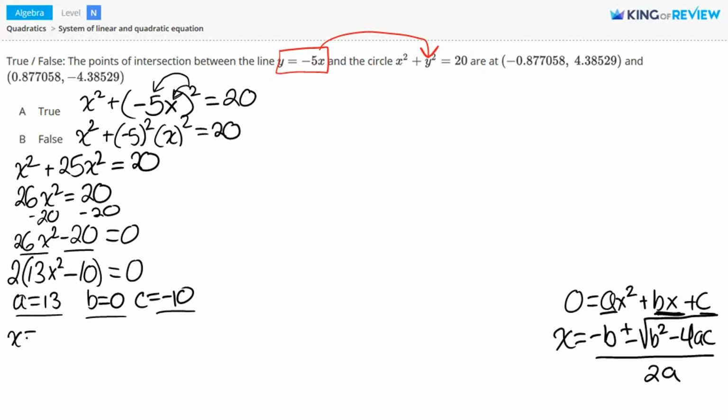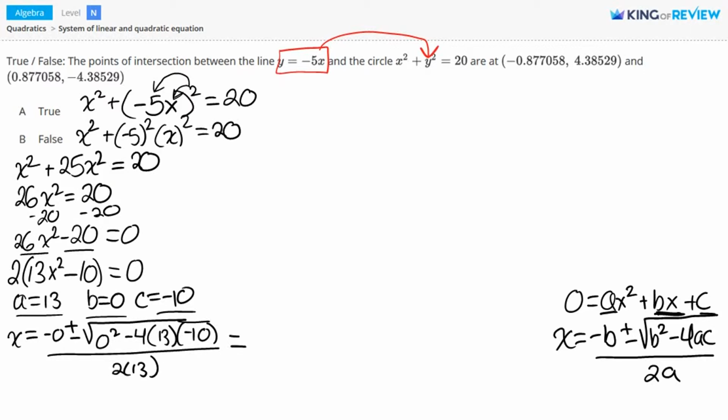Now, let's use these three values in the quadratic equation. We have x equals negative 0 plus or minus the square root of 0 squared minus 4 times 13 times negative 10, and this is all divided by 2 times 13.